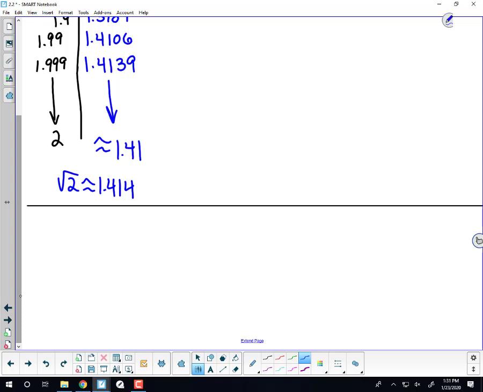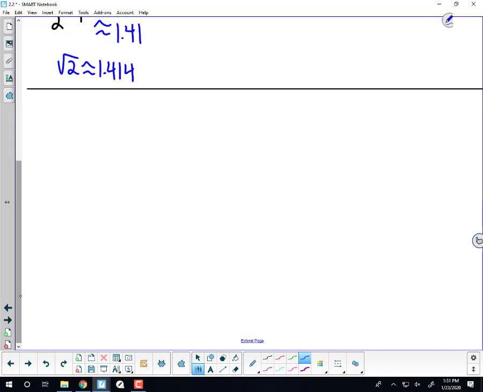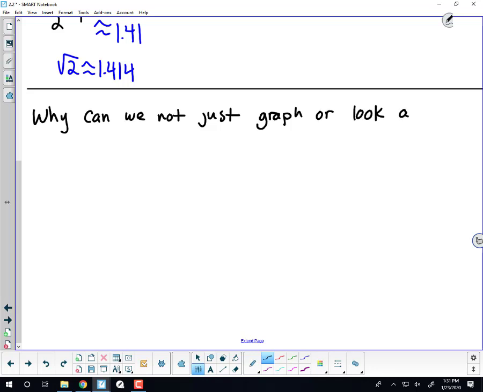So I guess this function that we're going to look at will answer the question, why can we not just graph or look at a table of values to find a limit?